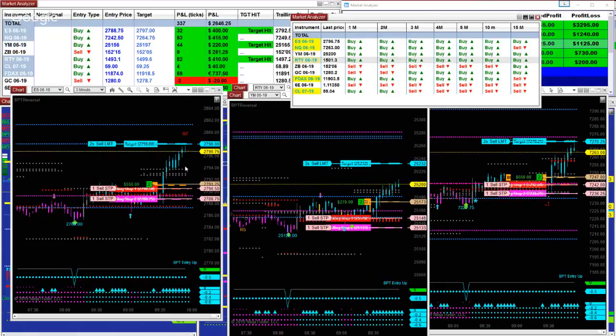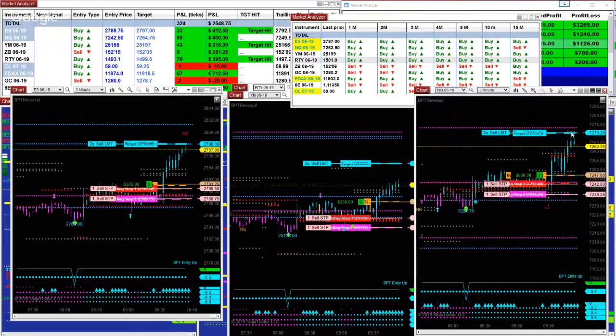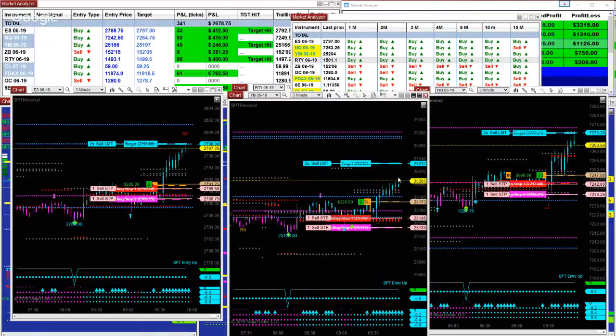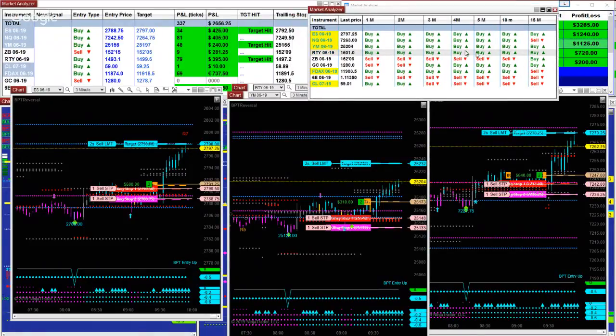It could be a pullback to the 9.4, but you can actually manually close that trade and get it over with. If we look at the Nasdaq, we came in and missed the Nasdaq by just one tick, and the YM is still climbing. But now we can have an early prediction on that, and this is an extremely powerful market analyzer.